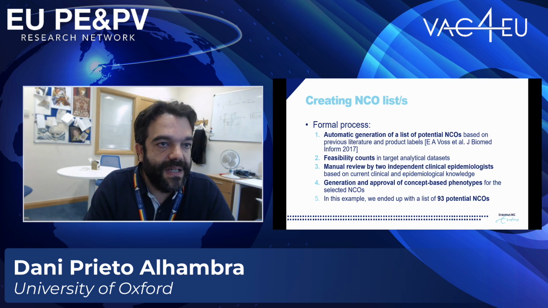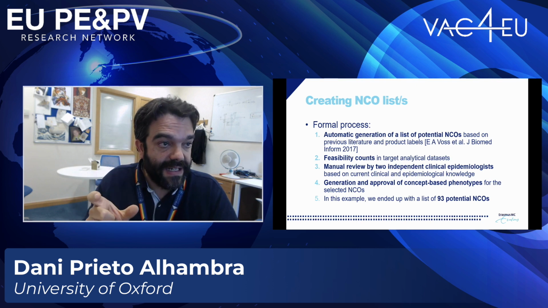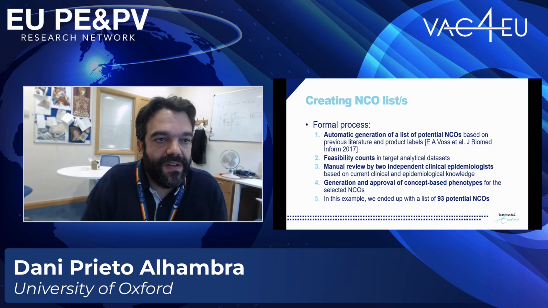So creating negative control outcomes, as has been said already, there are a number of ways you can do this. It's not really a task, I will say it that way. In this particular case, we used an automatic generation algorithm that basically goes automatically through product labels and previous literature that is published in the paper that I mentioned. After that, we did feasibility counting in the target analytical data just to make sure that those conditions appear in the data, because otherwise a negative control is not useful if it's not apparent in the data you're using.